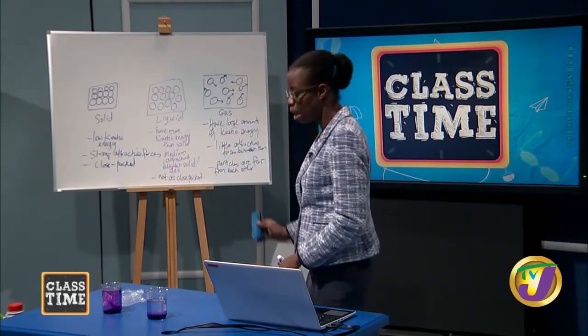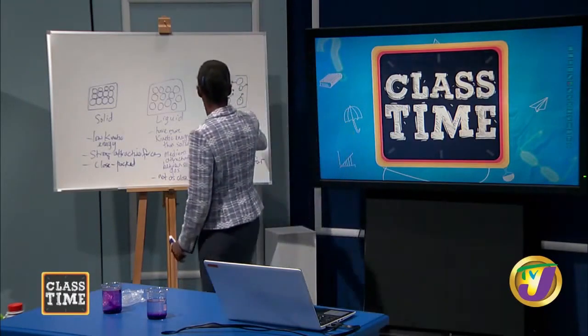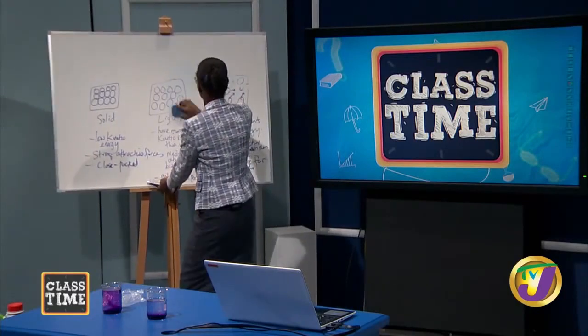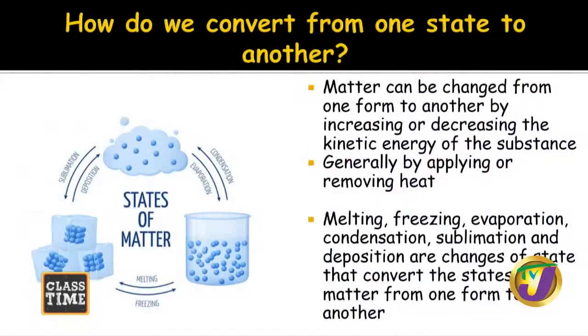So let's go and demonstrate this in this example. Now you would be familiar with examples. You're boiling your water, and after some point, the water will change from a liquid to a gas.